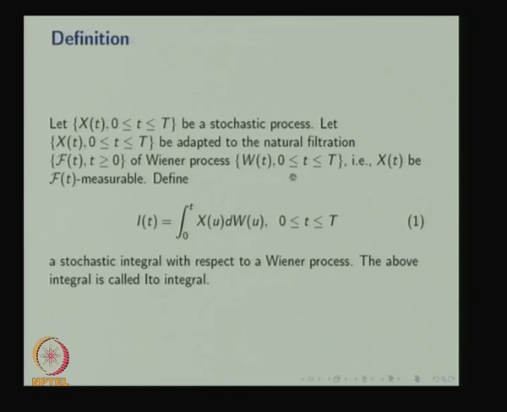That means the sigma field generated by X_t for fixed t will be contained in F_t. That means the information accumulated at time t is sufficient to find out the value of X(t) for fixed t. So X_t is F_t measurable for all t in the interval 0 to capital T.